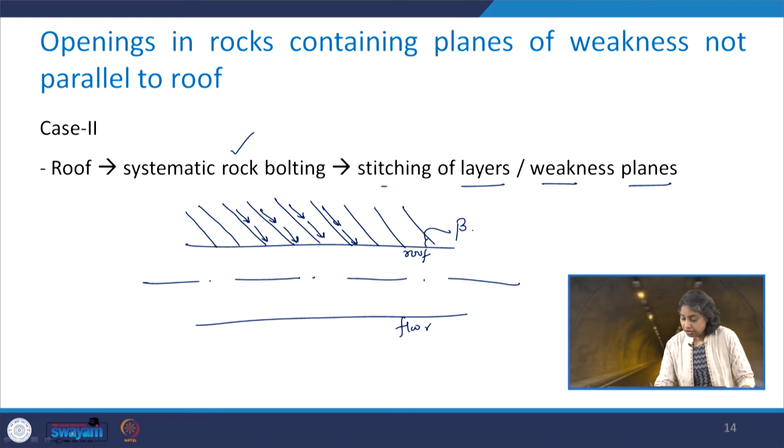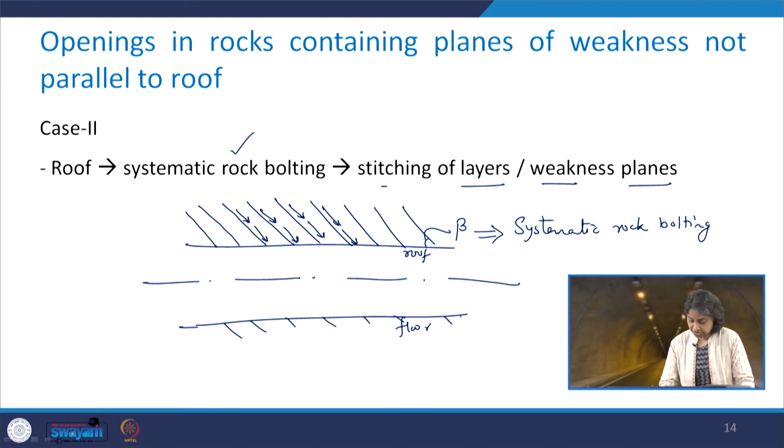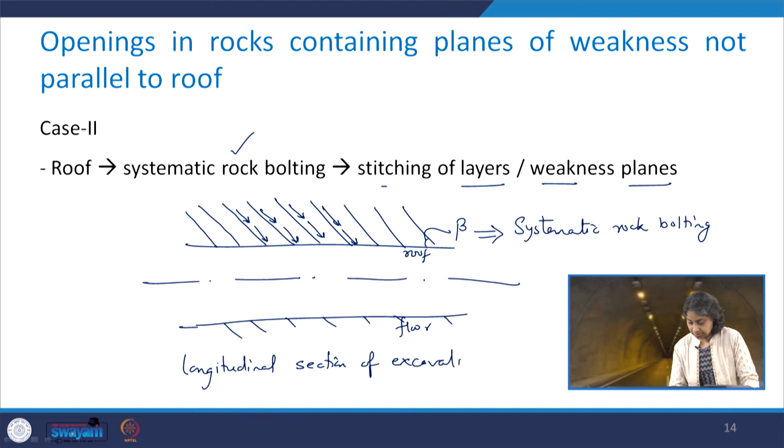So, therefore, in the roof portion one has to go for systematic rock bolting. Here all these planes are there in the roof portion. What we have here is the longitudinal section of the excavation.